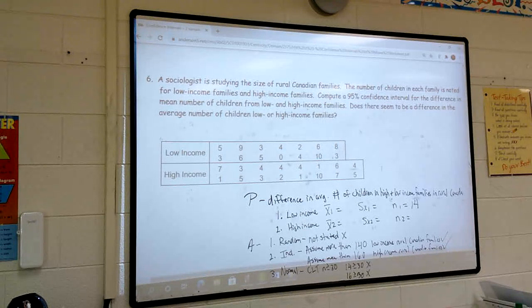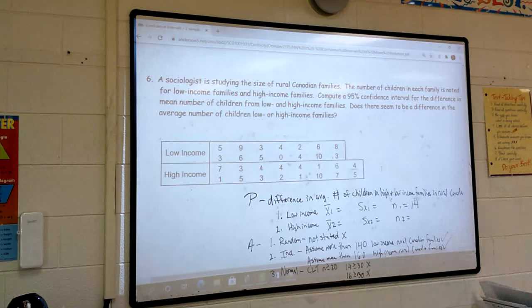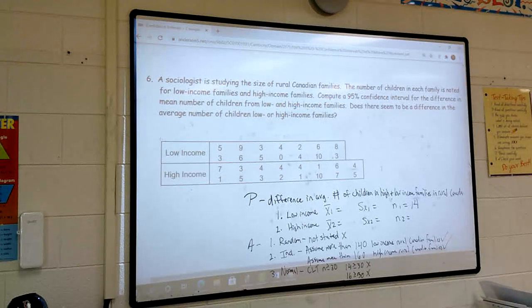When you're talking about, like we were talking about, a vaccine that has 30,000, then obviously it's passing it by far. So typically, if they're big scale experiments, they're passing that central limit theorem easily. But because this is just one sociologist studying rural Canadian families, maybe he just looked up some data that he had, because it doesn't even say that it's random.